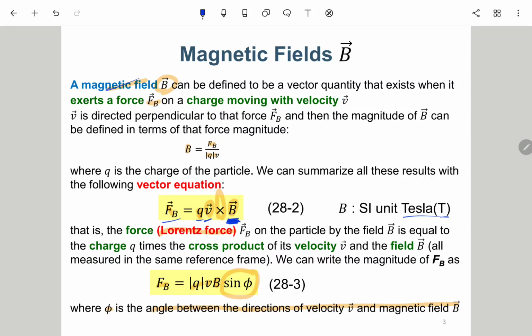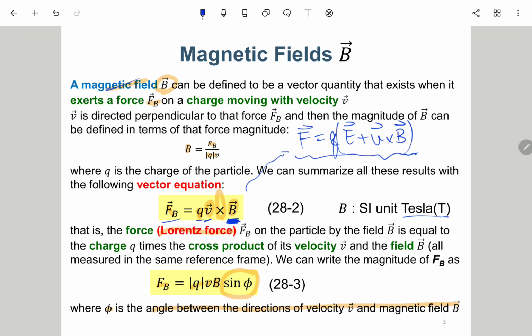Of course, for some other material, they may try to combine the electrostatic force and this Lorentz force together, so that F will be Q times E plus V cross B. But in this textbook, the author doesn't use this approach.